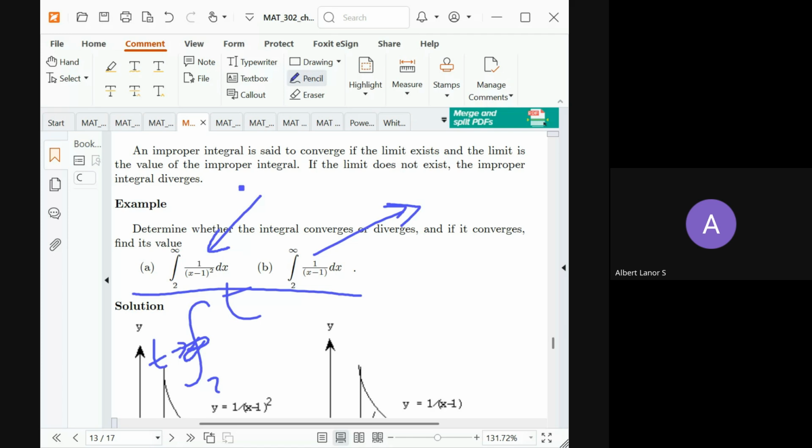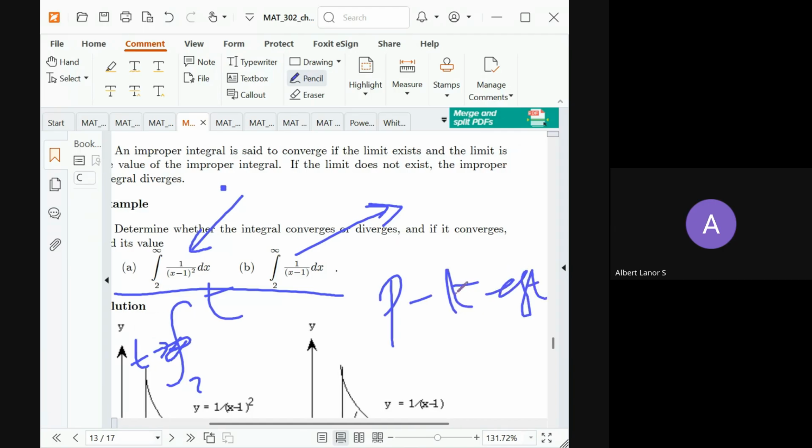Now, if you did introductory analysis, you know that there is something called a p-test, I think it's a p-test, that helps us to know where to break it and where not to break it. So ratio test and all these other tests, as we have done them.